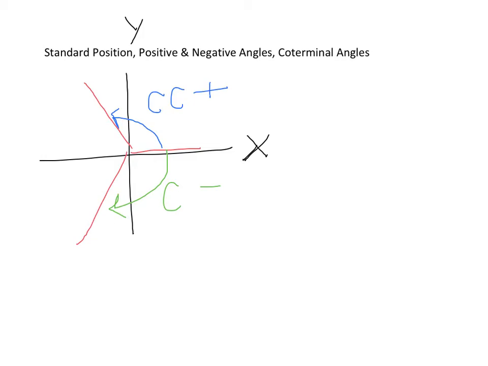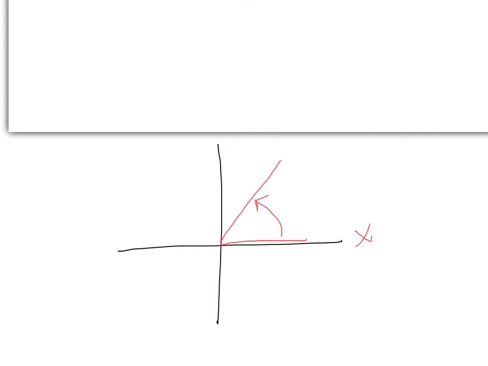Okay, coterminal angles. Coterminal angles are two angles that land in the same spot. So if I start right here on my positive x-axis, and let's say I swing up to about 60 degrees.